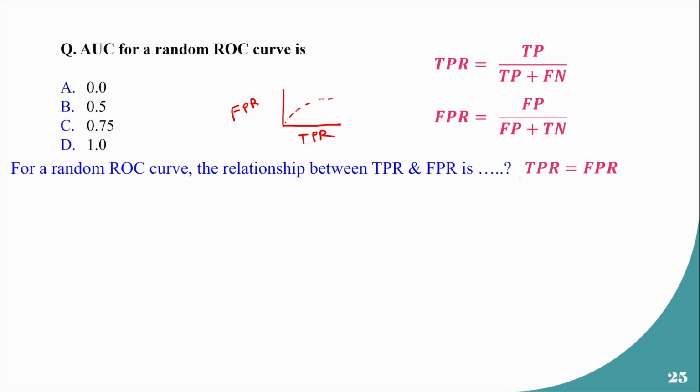So in that sense, you will have your true positive rate equal to your false positive rate, and that will indicate that it is random, right? Because the model cannot correctly distinguish between the positives and the negatives. So if you just draw the true positive rate and the false positive rate, you will have a curve something like this, okay?